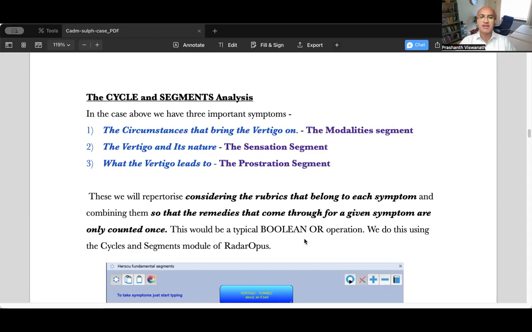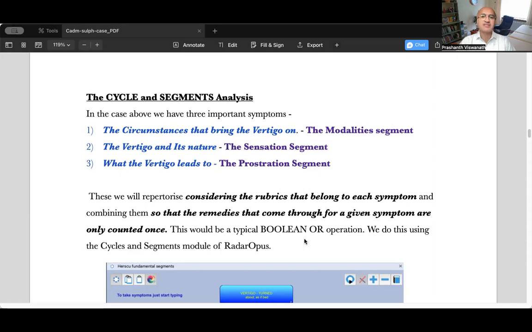For such a case, if you consider that the person feels better after having the onset of menstrual discharge, that the person feels better by expressing his or her anger, that the person feels better by talking, then all these three express the same idea. Now, this same idea can be thought of as one segment.